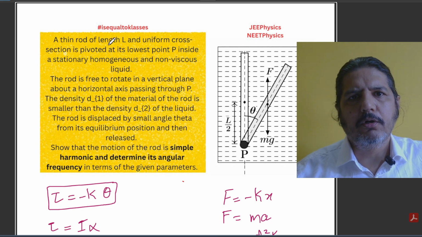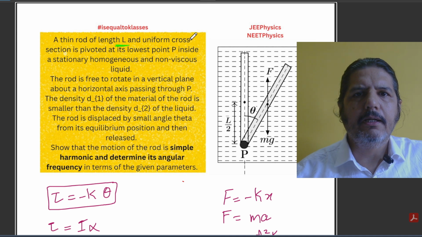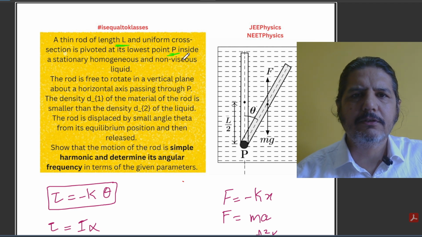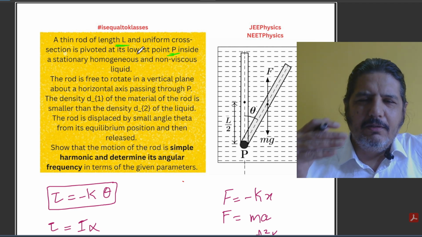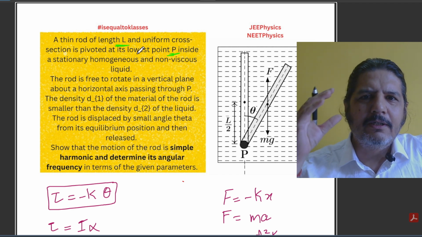A thin rod of length L and uniform cross section is pivoted at its lowest point P inside a stationary homogeneous and non-viscous liquid. So slowly we'll go through the problem and try to understand what is happening.